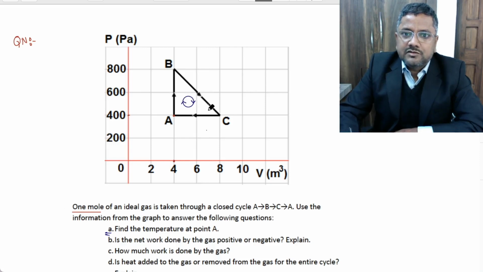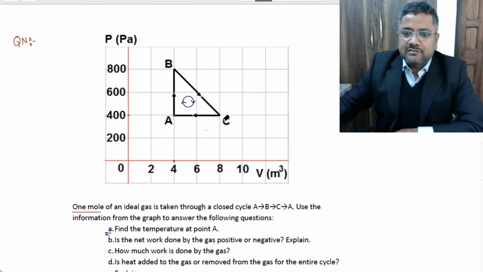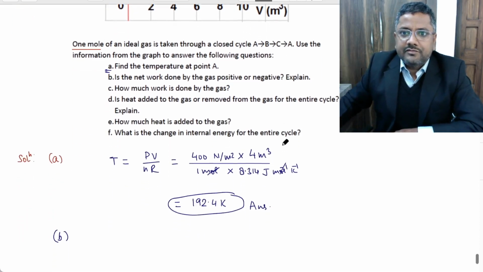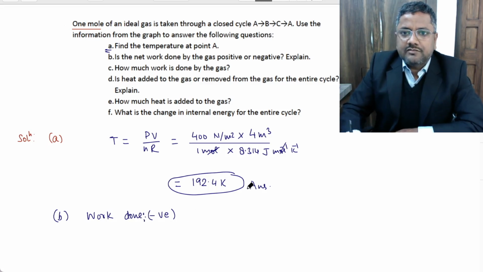So when a clockwise movement is there, your path in a cyclic system, perfectly closed system, so the work done is negative, right? Work done is negative.